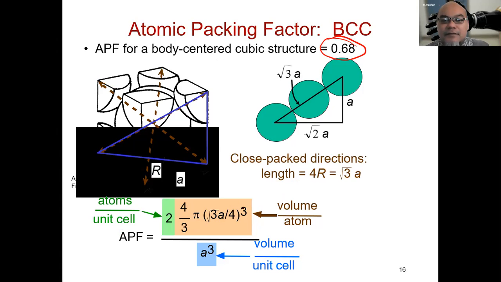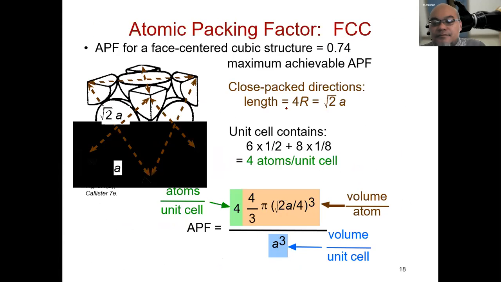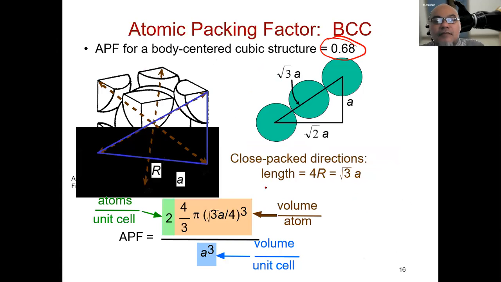And to find R, we get it from the cube diagonal, because along the cube diagonal, the atoms touch each other.